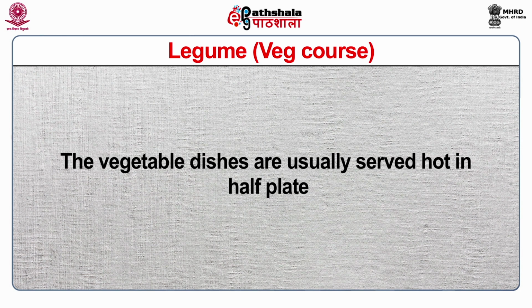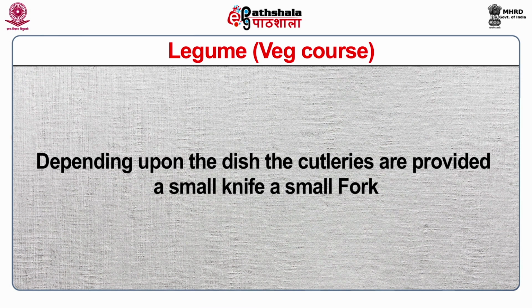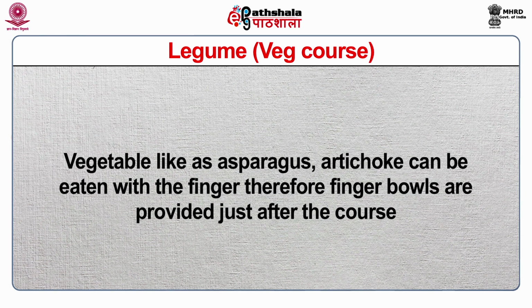The vegetable dishes are usually served hot in a half plate. Depending upon the dish, the cutleries provided are a small knife and a small fork. Vegetables like asparagus, artichoke can be eaten with the fingers. Therefore, finger bowls are provided just after the course.